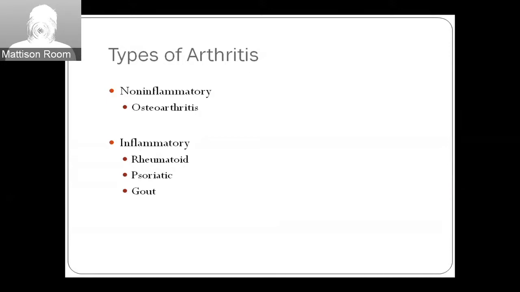It can have things in it that break down your cartilage and break down the joint. So the inflammation caused by the autoimmune attack on the body's joint is causing the problem. That's why they call it the inflammatory type of arthritis. Does that make sense? Anybody have any questions about that?